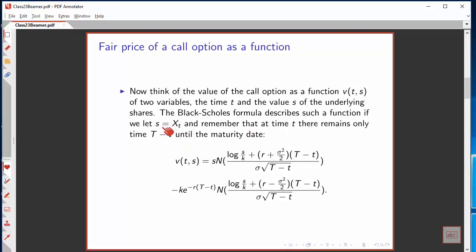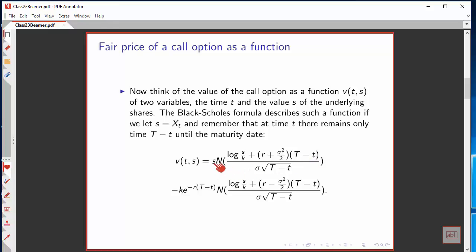We actually have a formula for this value. Now, if I set the share price equal to what we've been calling x sub t, the random variable that gives the share price at time t, and if I remember that at that time, the time remaining until the maturity date is capital T minus little t, then I can plug in capital T minus little t wherever we had capital T in the original formula.